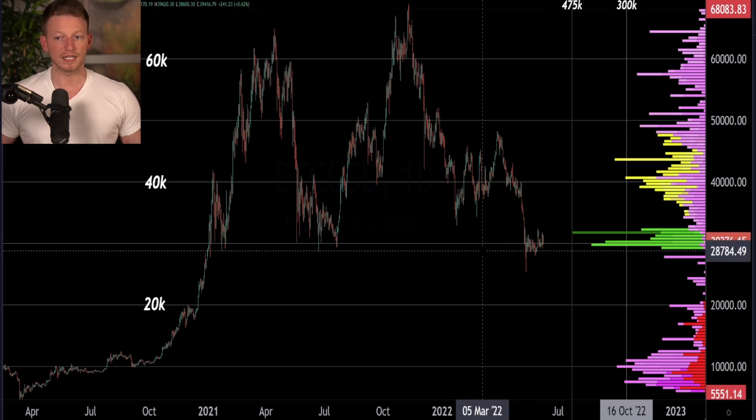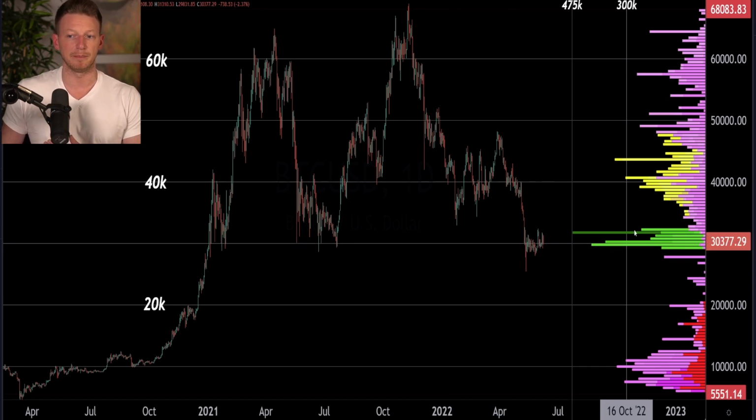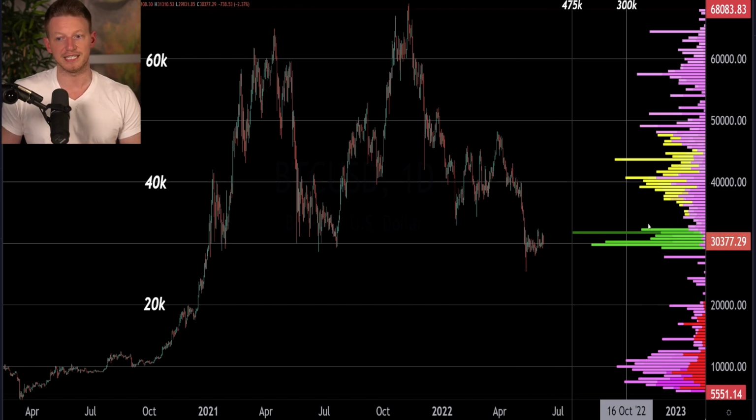So the green coins are the ones that don't really tell us as much. They don't tell us as much because since they're so new, we know that short-term holders are very likely to flip these coins at any given time, just statistically speaking. And so these green coins don't really give us a lot of faith that we're building up a huge support level here, because no matter what price you're at, you'll see this buildup of coins flow around.